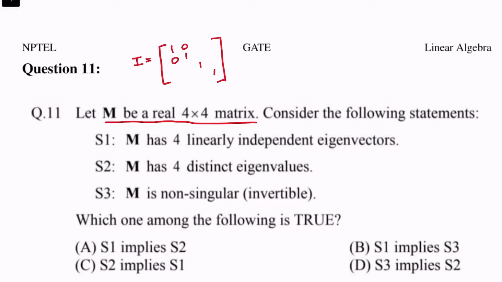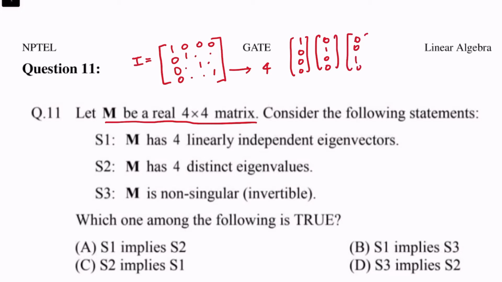It's a 4x4 matrix, so you will have to fill zeros in the other locations. This identity matrix has 4 linearly independent eigenvectors, that is the columns 1 0 0 0, 0 1 0 0, 0 0 1 0 and 0 0 0 1. These are all eigenvectors of I. Why? Because I times x is equal to x for all of these vectors, and that's just the property of the identity matrix.